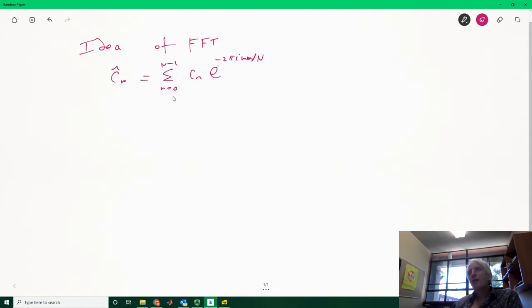So the more prime factors it has, the better, and if it's a power of 2, it's optimal. And if N is a prime number, then the system doesn't work at all. Because what we're doing is going round a sequence of points on the circle that we're computing. The first time we go round, we take every point. The second time we square it, so we take every second point. And then we're sort of coming back on ourselves, essentially, is the idea.